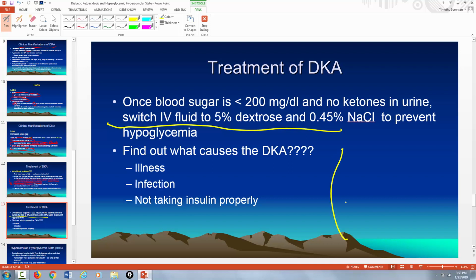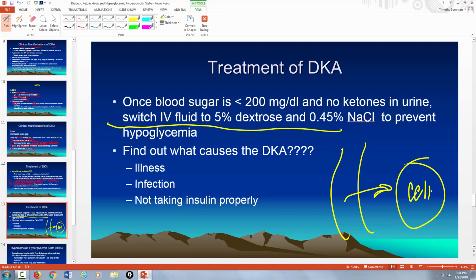So what you want to do is start being able to push the water back into the cells to rehydrate those cells. And remember, if you're giving an IV infusion of insulin and the blood sugar is under 200 and there's no ketones in the urine, you want to give them an IV of glucose, because you don't want them to go into hypoglycemia. Now you got all kinds of problems, right?